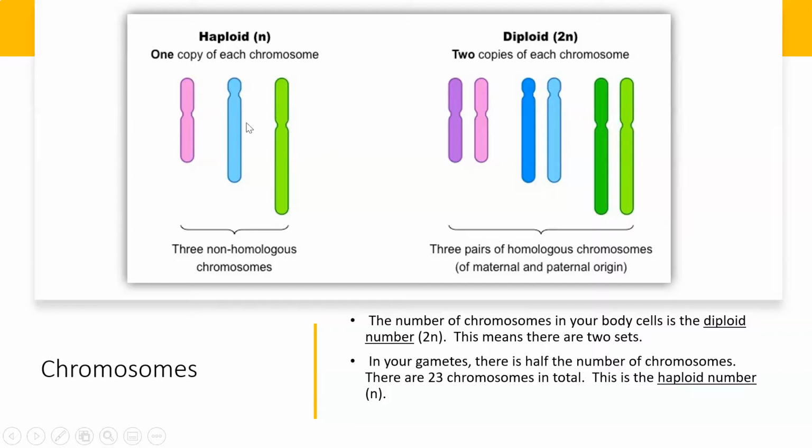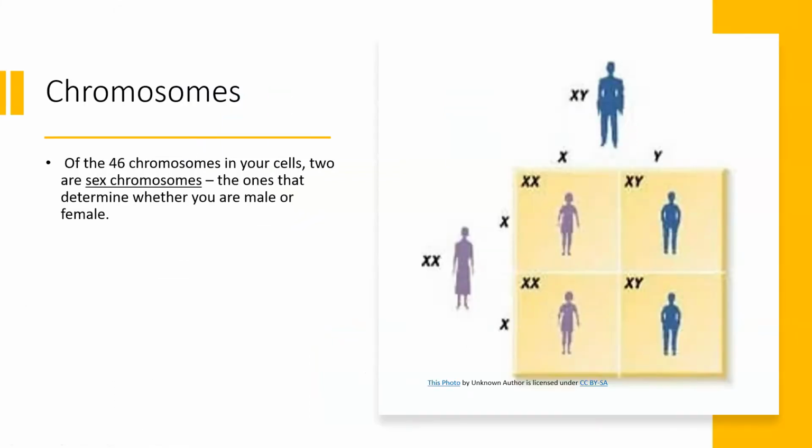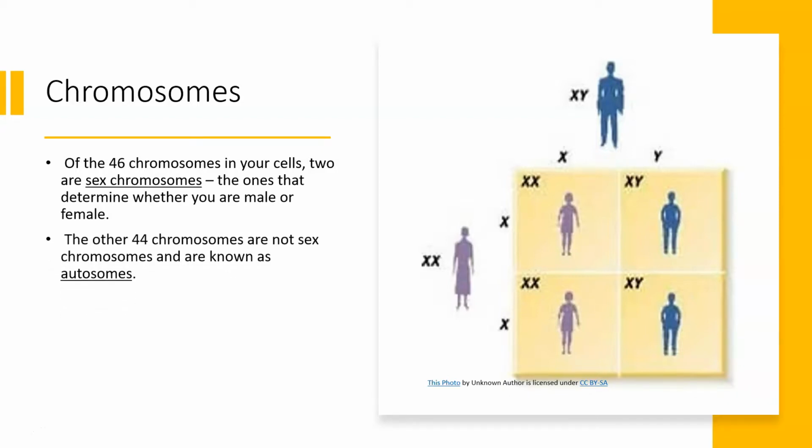So N, 1 set; 2N, 2 sets. Of the 46 chromosomes in a human cell, 2 are sex chromosomes, the ones that determine whether the offspring will be male or female. The other 44 chromosomes are not sex chromosomes, and they're what we call autosomes.